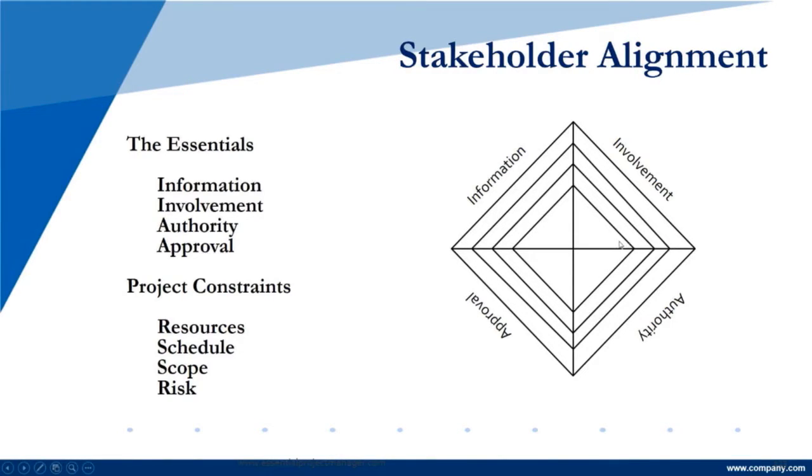What we typically do when I'm running a project is put a big chart with this on the wall, and Post-it notes to say, where would this person fall? Do they fall in the middle where they're very balanced? Are they very involved with it but have little authority? Or do we need to put them in different places?